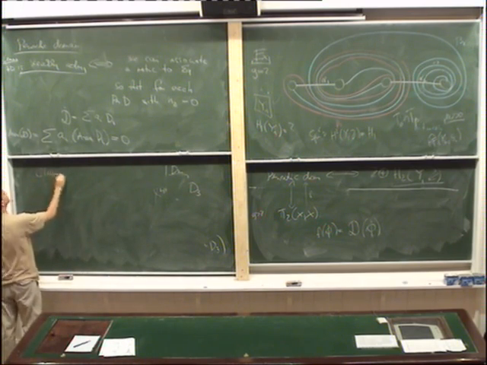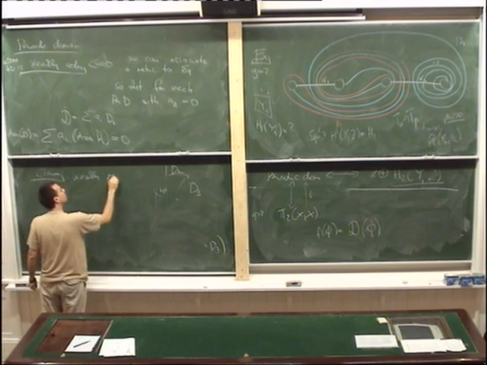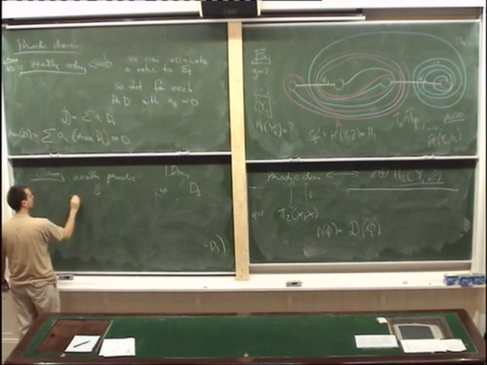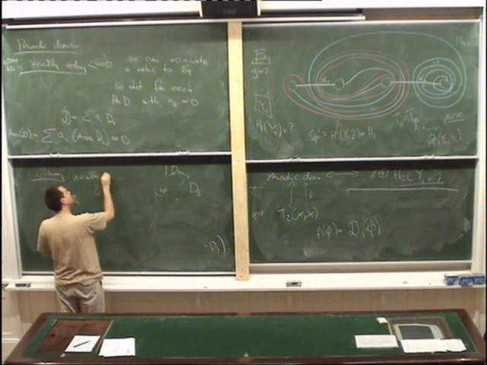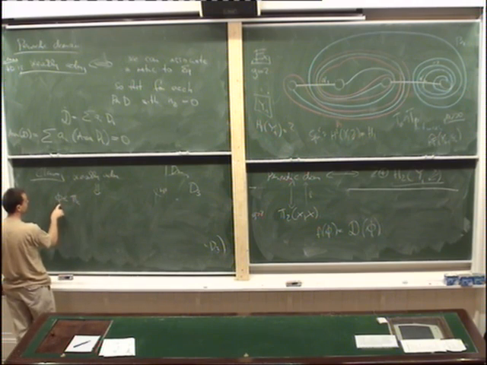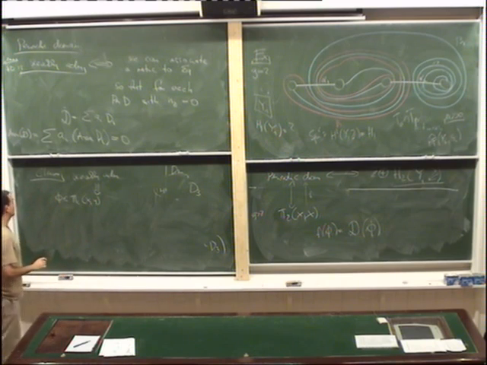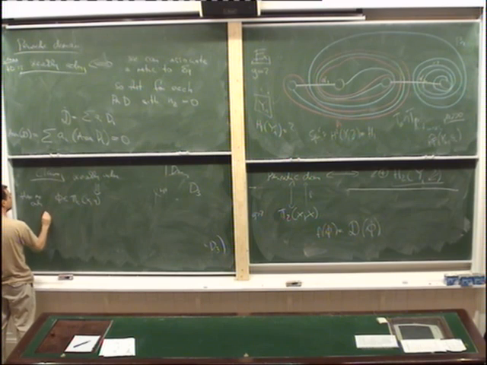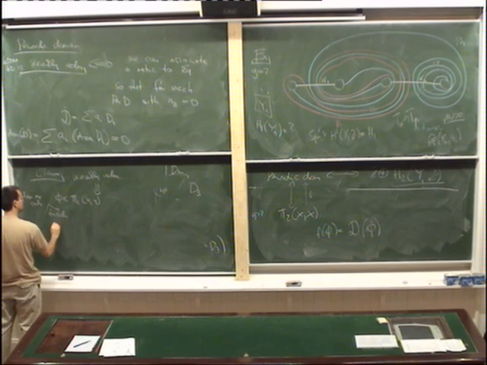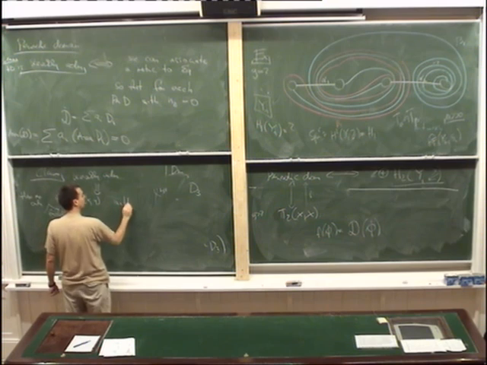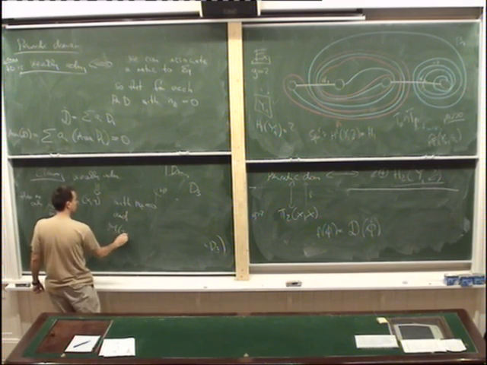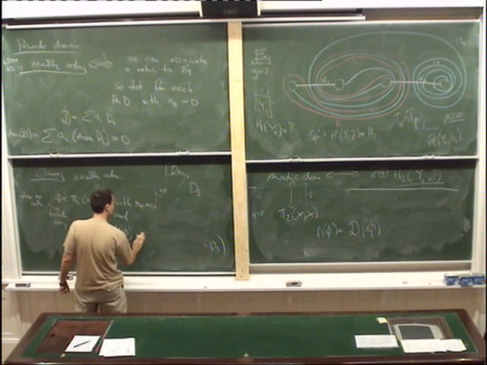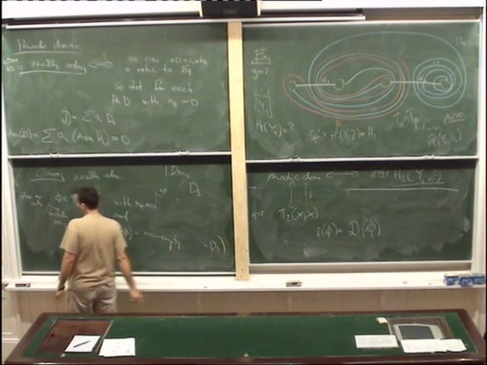So I claim weakly admissible, I'm sorry, yes, weakly admissible implies that if you have a homotopy class, then there are only finitely many homotopy classes here with nz equal to 0 and the moduli space is non-empty. Because this is exactly what you wanted, right?